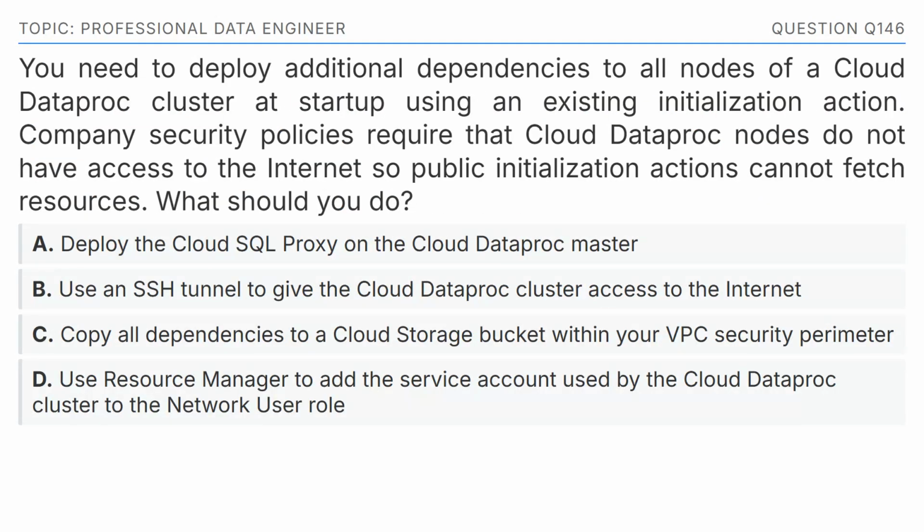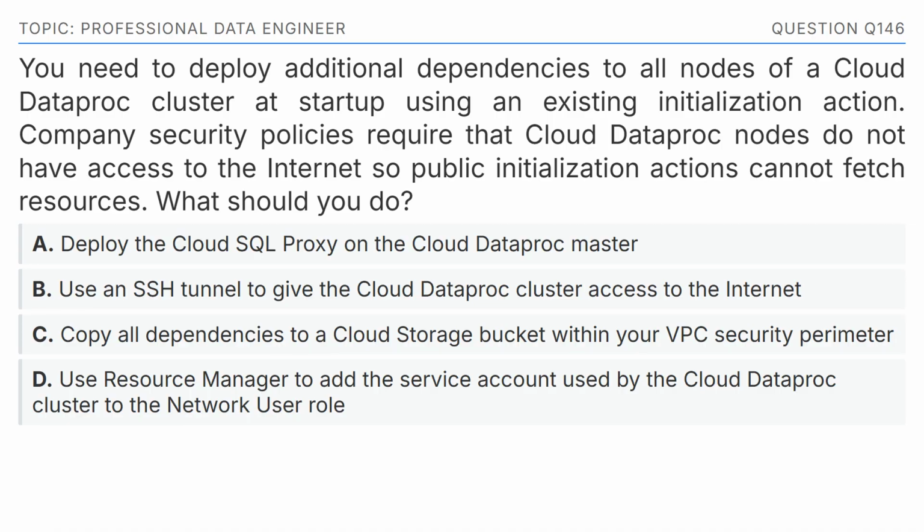You need to deploy additional dependencies to all nodes of a Cloud Dataproc cluster at startup using an existing initialization action. Company security policies require that Cloud Dataproc nodes do not have access to the Internet, so public initialization actions cannot fetch resources. What should you do?